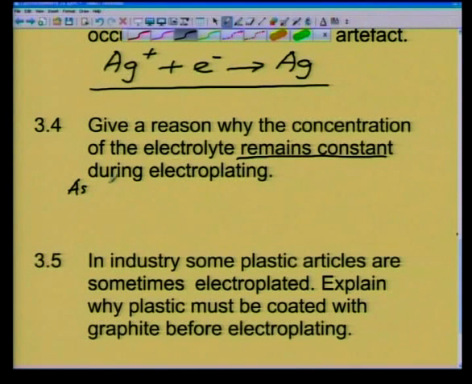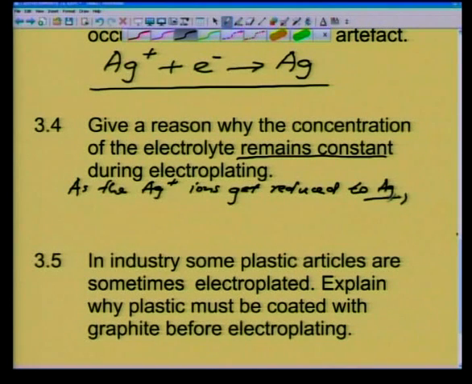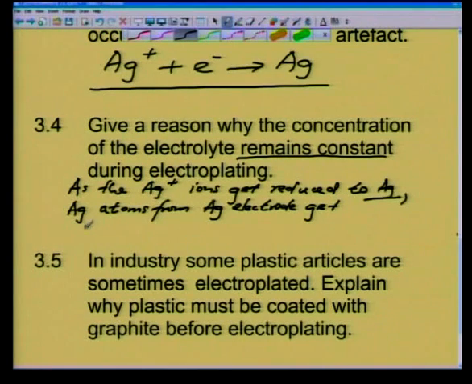As the Ag+ ions get reduced to Ag atoms, Ag atoms from the silver electrode get oxidized at the same rate.